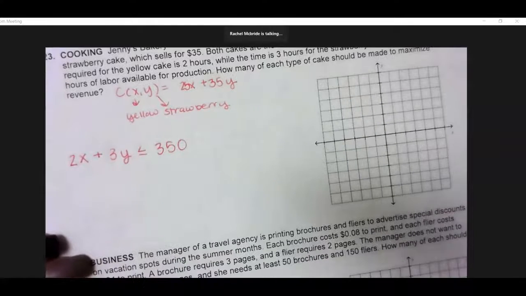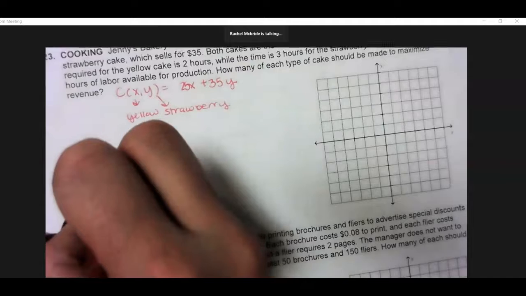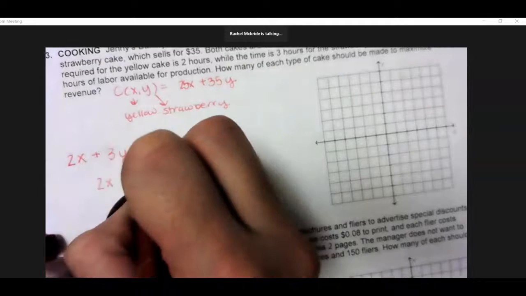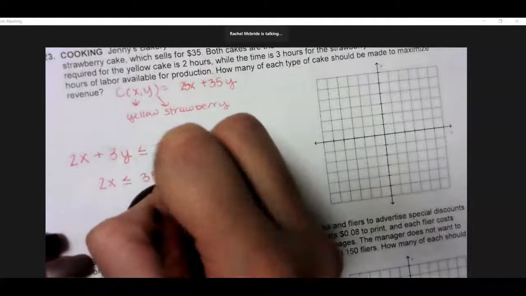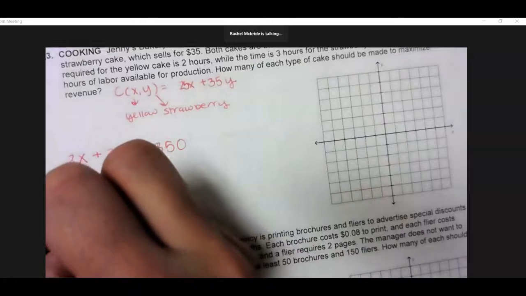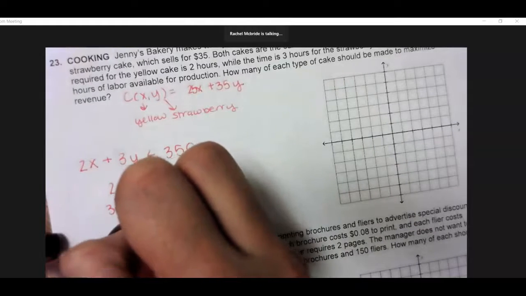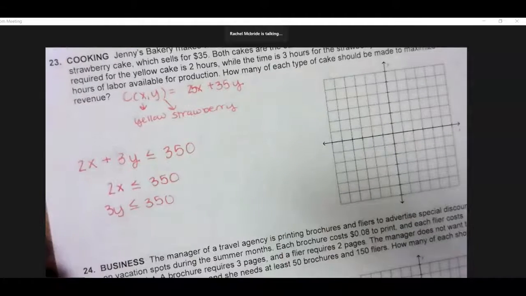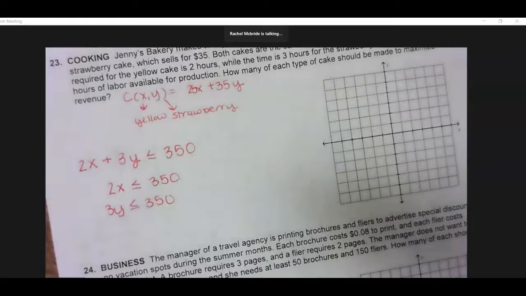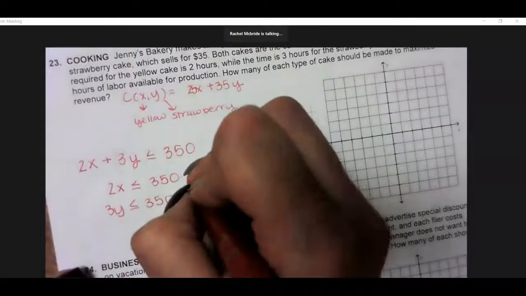And then each cake could be produced where you only produce that cake. So you could also have 2x alone less than or equal to 350, or 3y alone less than or equal to 350. And those would represent your x and y intercepts for that graph.